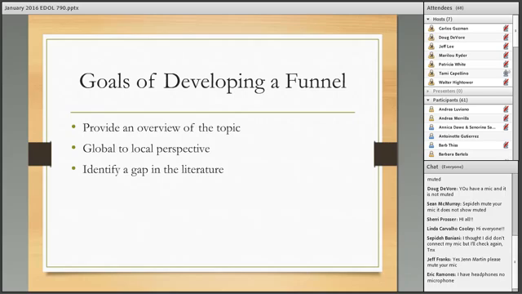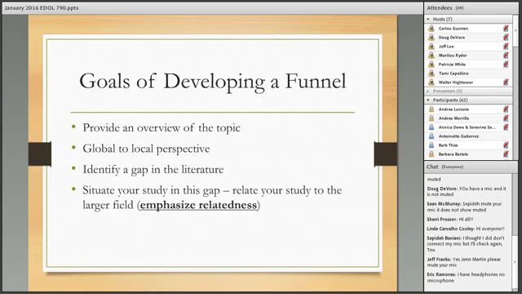Sometimes at the early stages of a prospectus, some of you may have identified a study but are not able to substantiate a gap. So we're going to talk about that tonight as well, because that's going to be really important as you move forward in prospectus. We're also going to talk about how to situate your study in this gap.